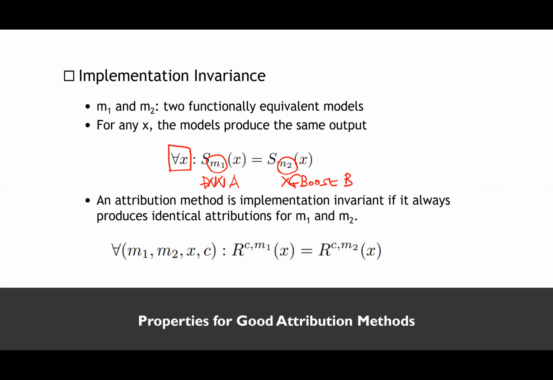Then we can say that an attribution method is implementation invariant when, given any input x and any class c, the attributions that we compute are identical. Because the functions are identical, regardless of which model you use, the attribution method recovers the same attribution from these two different models for one input at a given class.